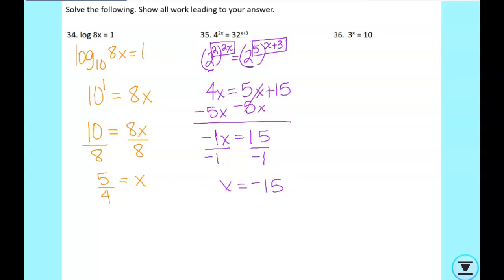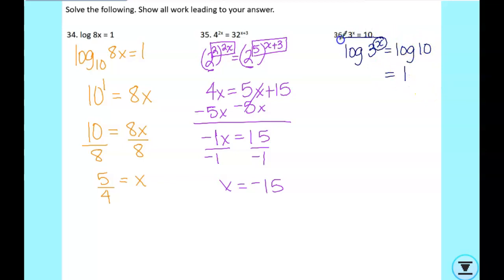On the last one here, if we can't get these two bases to match, then we just need to take the log on both sides. So we have log of 3 to the power of x is equal to log of 10. Log of 10, this is log base 10 of 10. So the base here and the number here match, which means that this is going to be equal to 1.